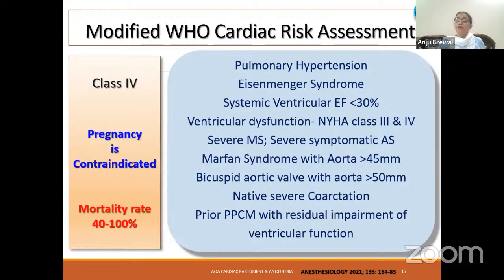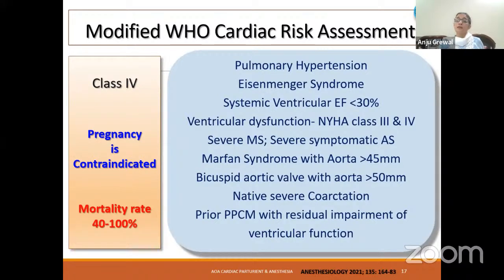And offer them various contraceptive methods to avoid a pregnancy, because the mortality rate can climb as high as 40 to 100%. This class includes severe pulmonary hypertension with Eisenmenger syndrome, a systemic ventricular ejection fraction of less than 30%, dysfunction where the mother moves to class 3 or class 4 of NYHA grade, severe mitral stenosis or severe symptomatic aortic stenosis.